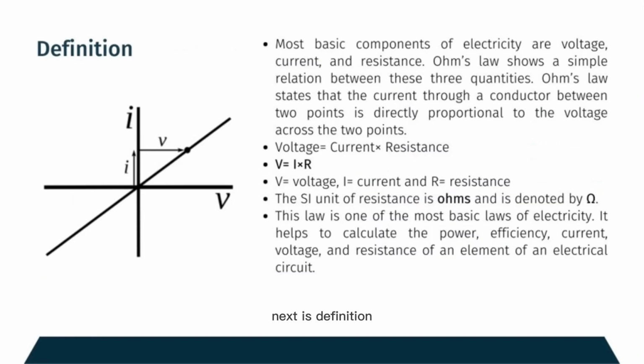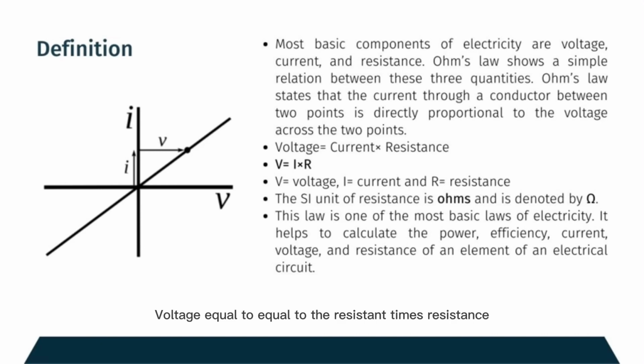Next is definition. The most basic components of electricity are voltage, current, and resistance. Ohm's law shows a simple relation between these three quantities. Ohm's law states that the current through a conductor between 2 points is directly proportional to the voltage across the 2 points.